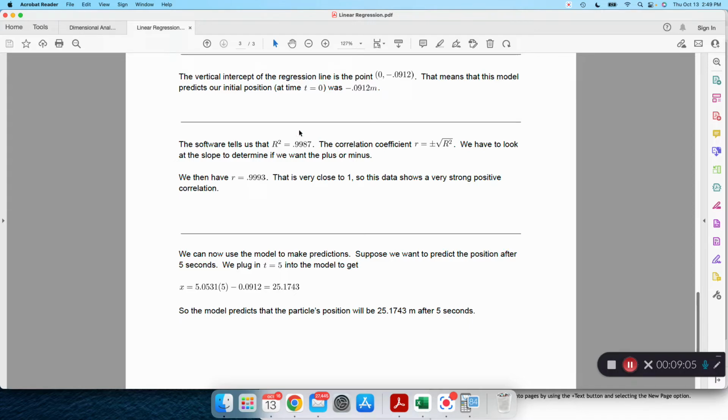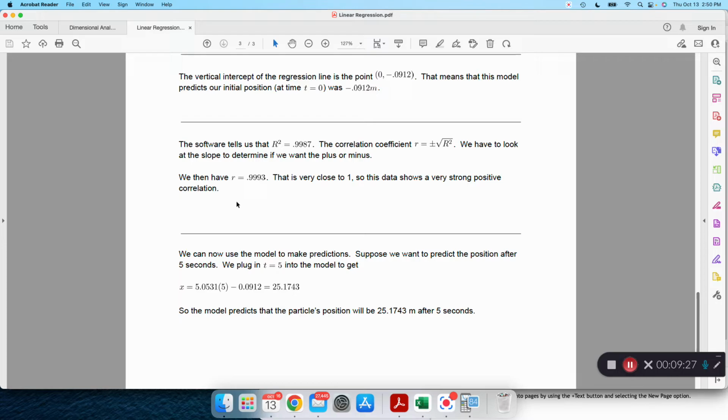So I'm going to take the square root of both sides here, and I'm going to make the decision that I know I want the positive one because I have a positive slope, and we get this R value. That's called the correlation coefficient. It's a measure of how good this line is, how well the data points fall upon the line.